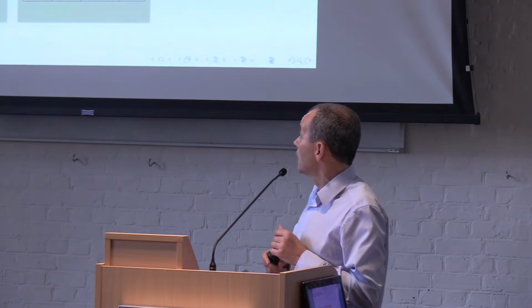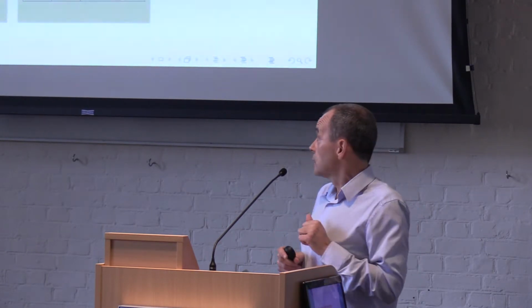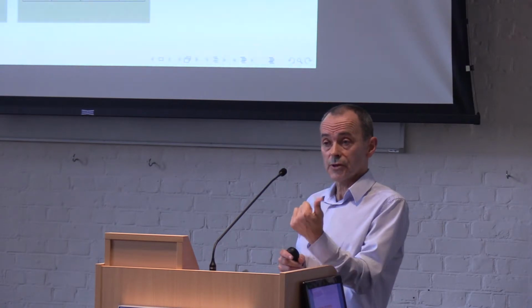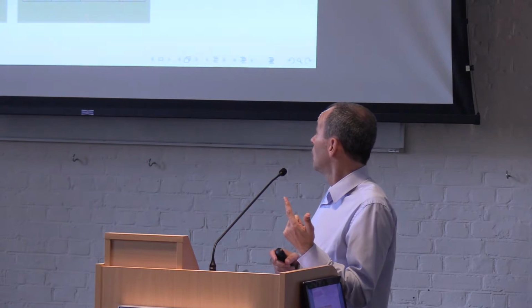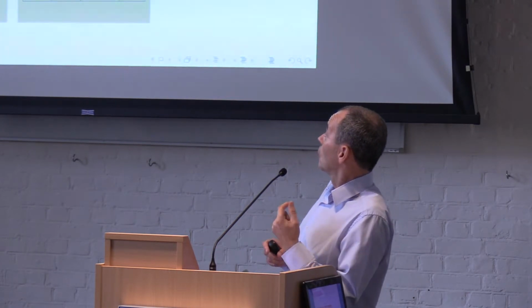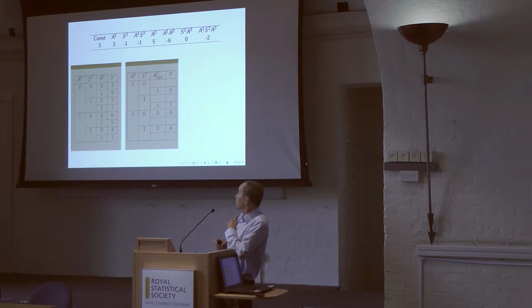Okay, so I'll start at the end and say, what should I do for A2? Well, it will depend upon the history. So if my history is 0, 0, A1 is 0, A2 is 0, then I expect to get 3 for y if I choose A2 is 0, and 8 for y if I choose A2 is 1, so obviously I'm going to choose A2 is 1.